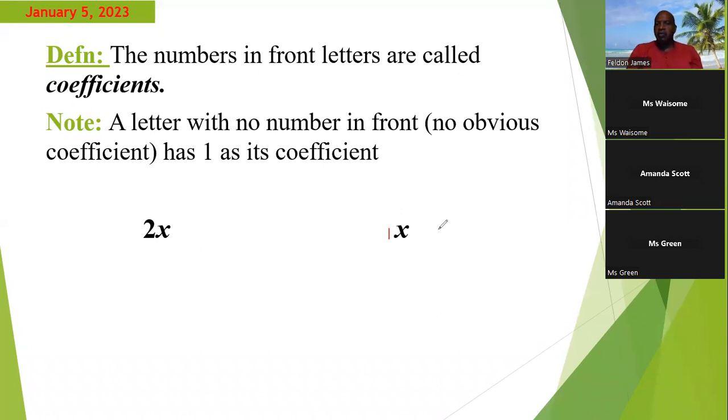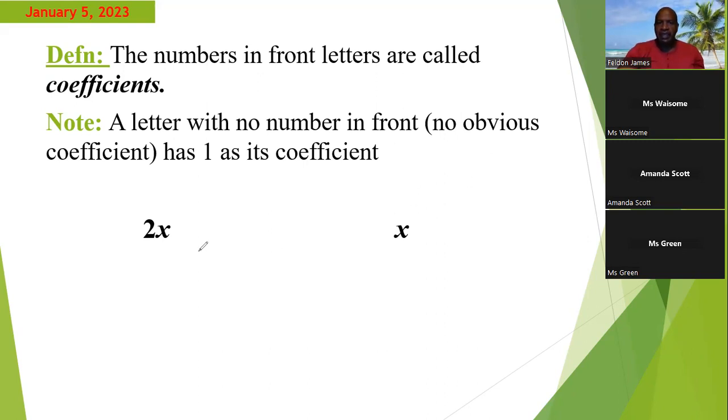This is often confused by students who, if you ask them what the value of x is, generally tell you that the value of x is 1. Remember, you can't say x is 1 because you don't know what value x is unless you assign it some value. What they probably meant to say is that the coefficient of x is 1. That means the number in front of x is 1.